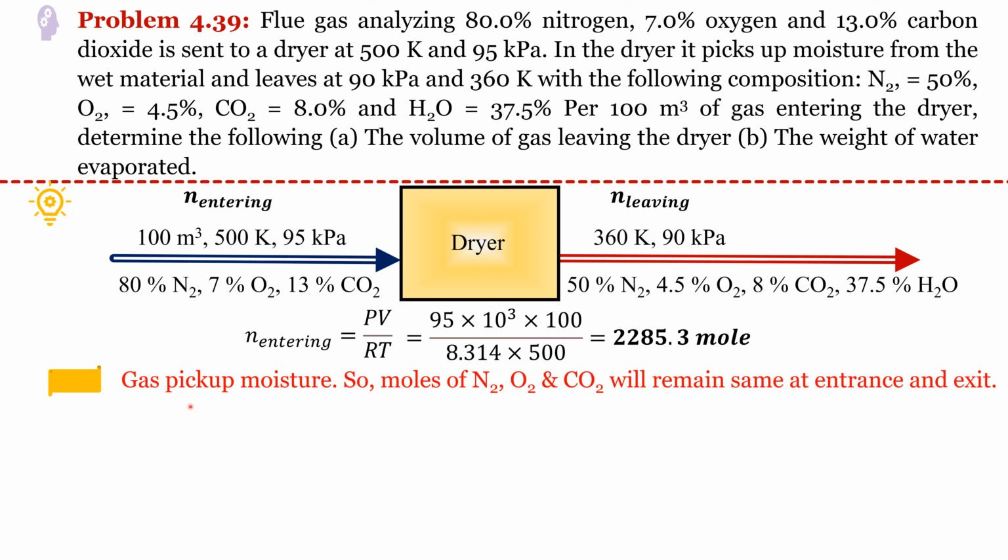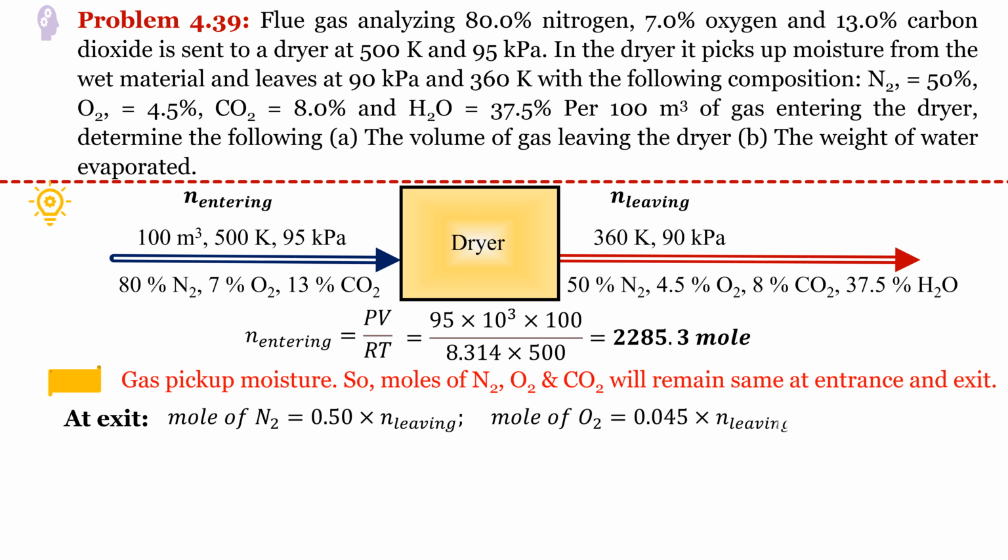Now as per the problem, gas picks up the moisture, so only the amount of H2O will change. Initially there is no H2O, only in the exit gas H2O will come. So the amount of N2, O2 and CO2 will remain same before drying and after drying. So at exit conditions we can write moles of N2 will be equal to 50% of N leaving.